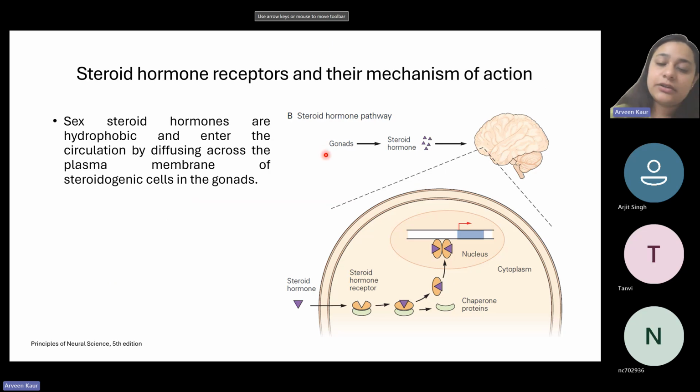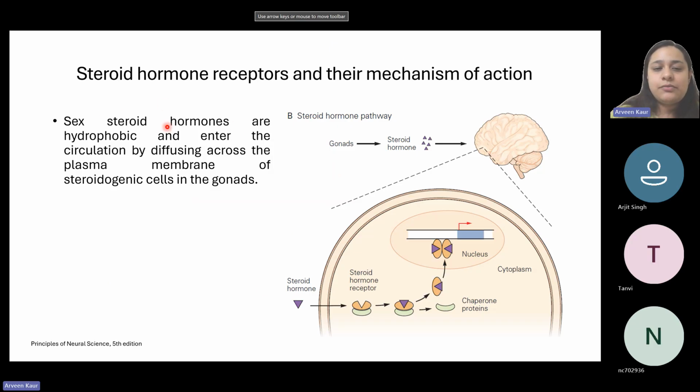So you can see, where are these steroid hormones coming from? They are basically being secreted by our gonads, right? Gonads meaning ovaries or testes, right? They are secreting these steroid hormones, and these steroid hormones are in the bloodstream, going to different organs of our body, and they are also reaching the brain, right? How do they enter the brain?